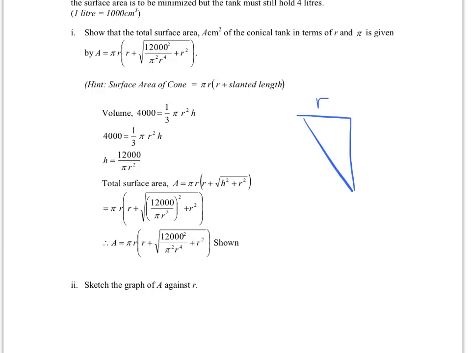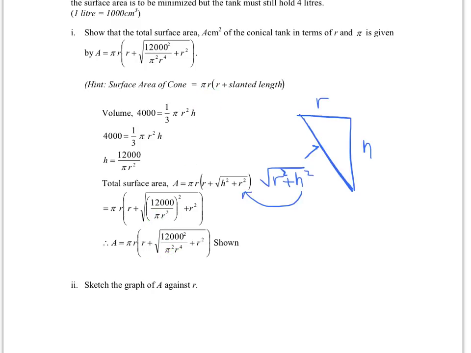It was R, if you recall, and H. Of course, then the length of this will be the square root of R squared plus H squared by Pythagoras' theorem. So we are really talking about this slanted length here, and we sub that in, and you can see why we have this. The A, pushing everything here, and finally this is what we need.